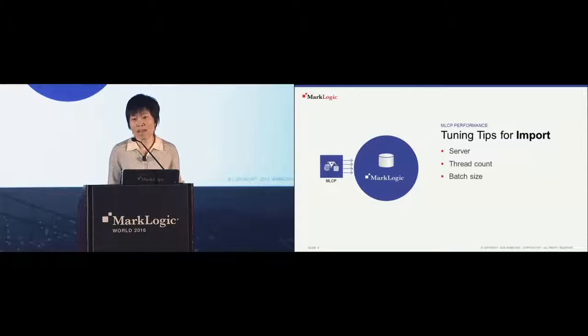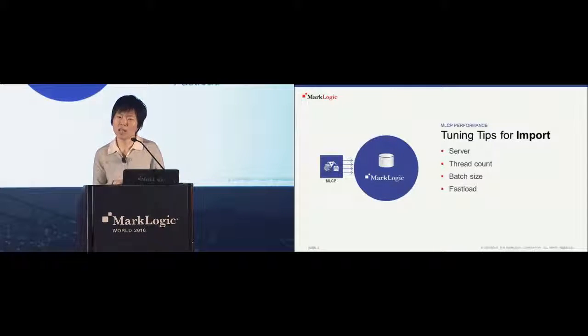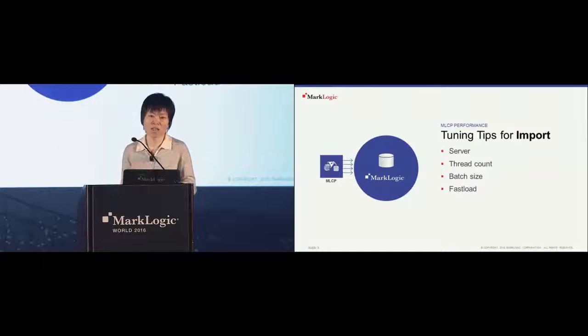By default, it's 100, and depending on your document size and your thread count, you may want to tune it down. So this is a case where bigger isn't necessarily better. Fast load is also a scalability factor. It's basically in-forest placement. So for a large cluster, fast load helps you scale because it reduces the locking scope and it increases concurrency.